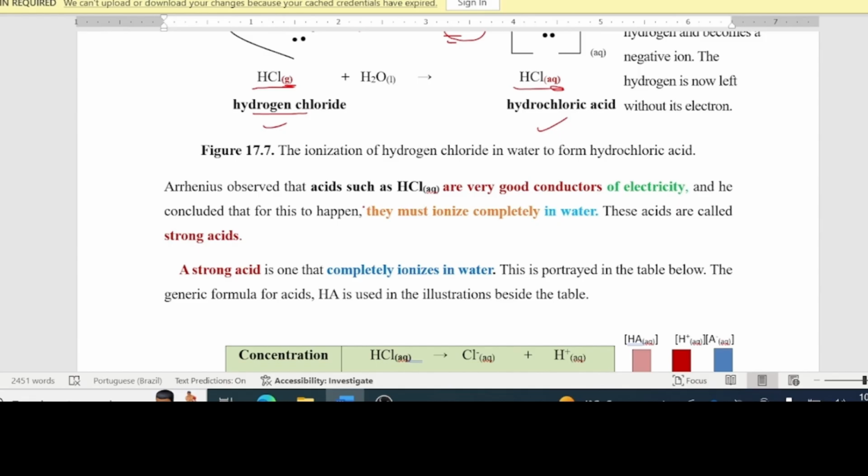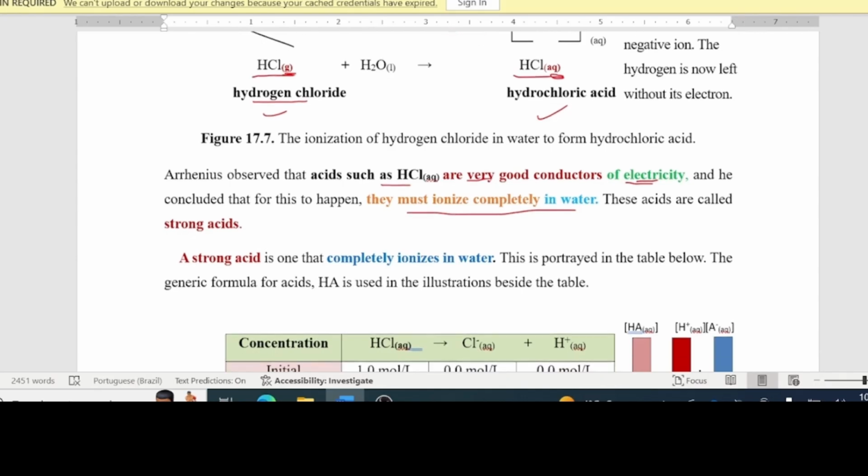Arrhenius, if you can remember, found that acids such as HCl are very good conductors of electricity. If they're good conductors of electricity, it means they must ionize completely in water, because we said that it is the ions in an electrolyte that are responsible for the conduction of electricity.